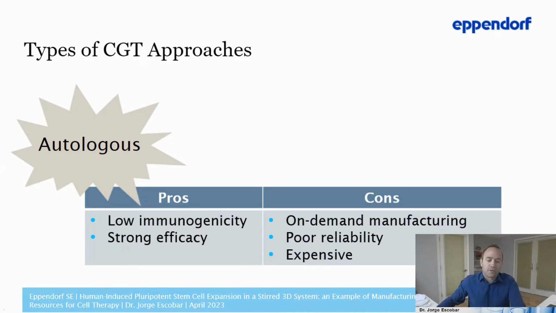So the autologous cell therapy strategy presents key features and challenges. For example, the cell therapy has very low immunogenicity. That means that the cells are from the same patient, and they have demonstrated strong efficacy in different clinical trials.